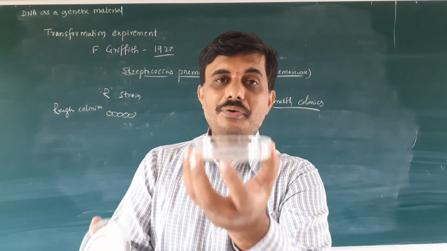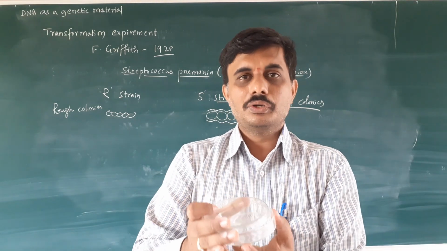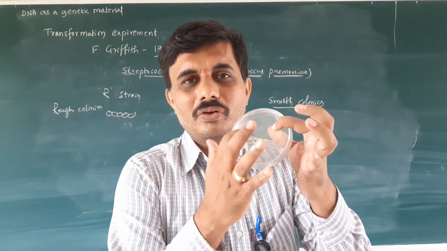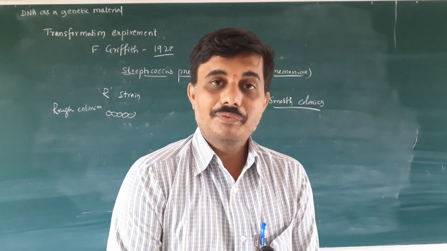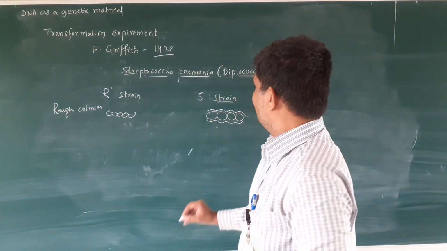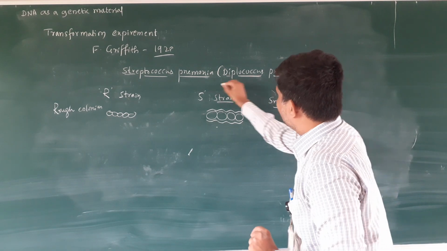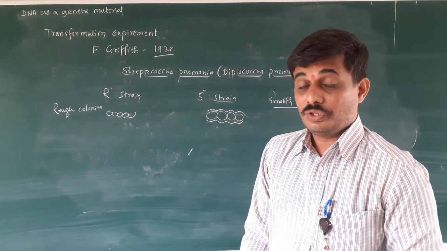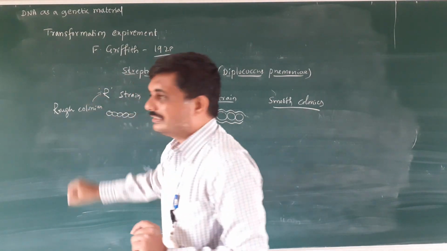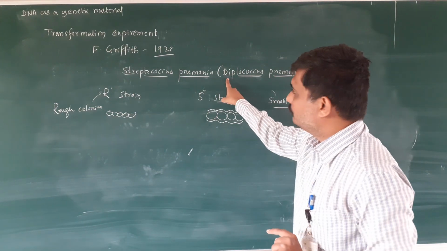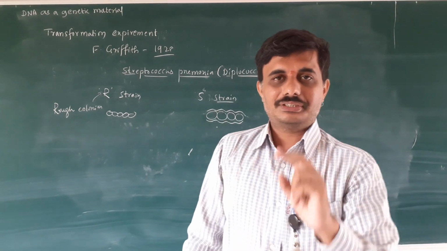When the bacteria grow in this petri dish, we find smooth colonies on the media. When it produces smooth colonies, that is called the smooth S strain. When it produces rough colonies, that is called the R strain. Streptococcus pneumoniae has two different strains.